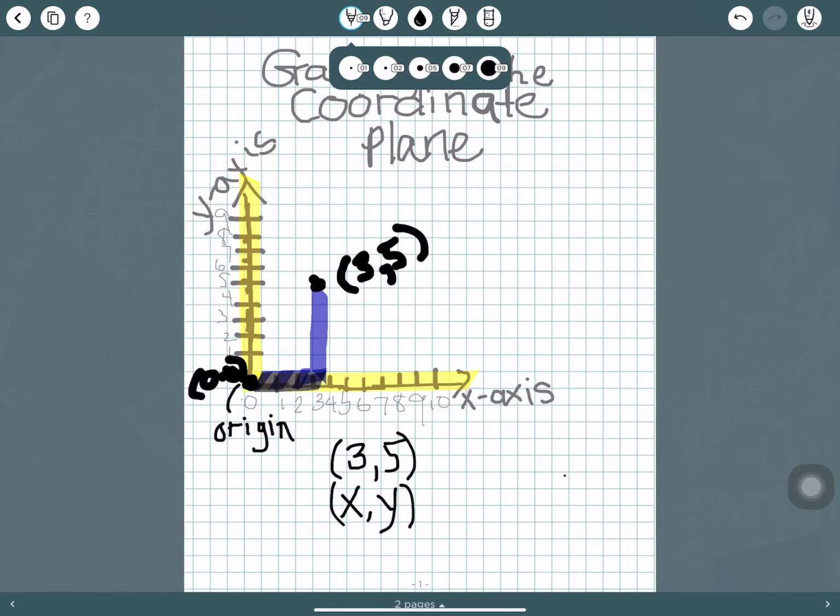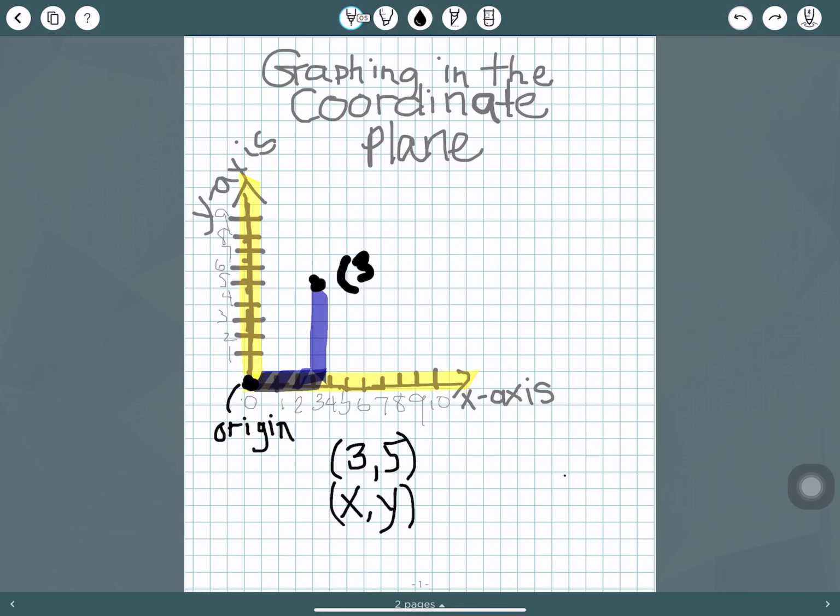All right, so let's do a little bit more practice with this. I'm going to erase what I just did. Okay, we plotted the point 3, 5.